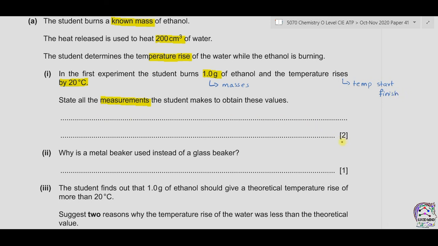So there are 2 marks for this question. We have 2 measurements, one is the mass and the second is the temperature. We can write for mass: mass of burner and contents at start and finish.